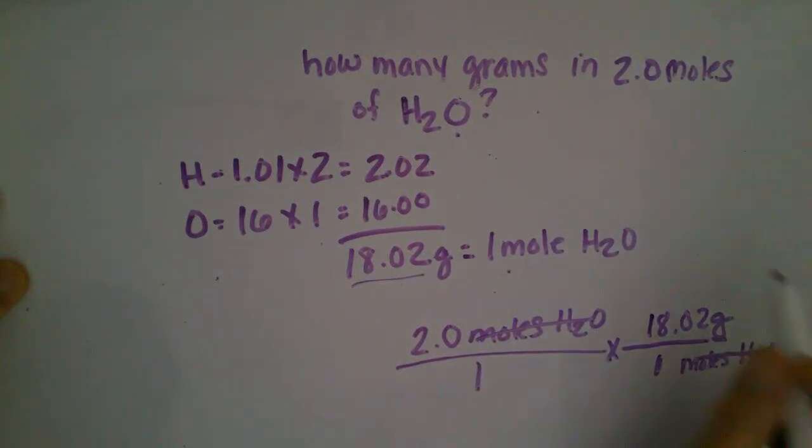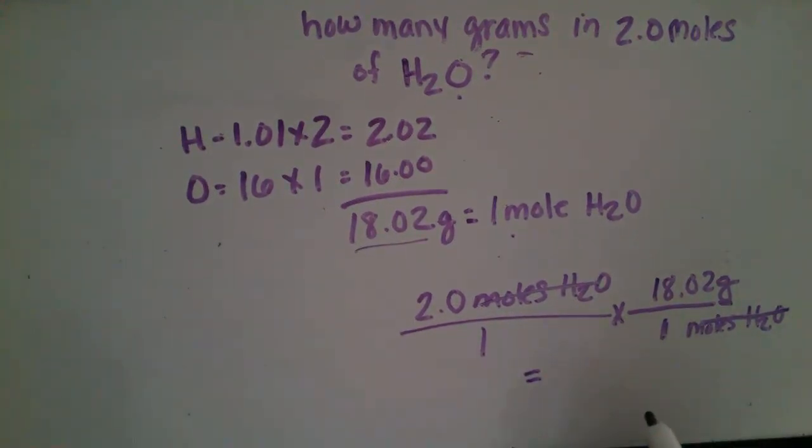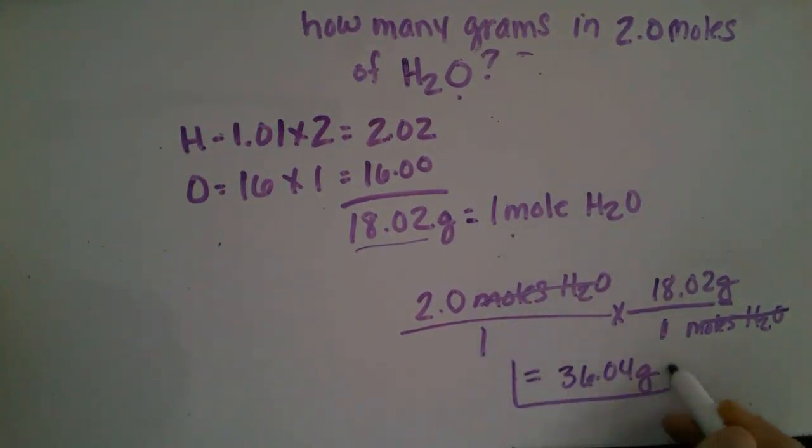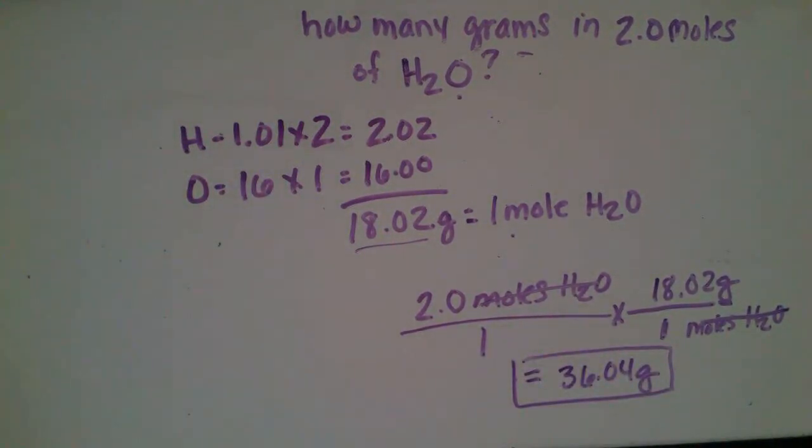That leaves us with grams. The question asked us for grams, so we know we don't have to do any more fractions. And so then if you just do the math, 18.02 times 2 will end up giving you 36.04 grams in 2 moles of water. So 2 moles of water would weigh 36.04 grams.